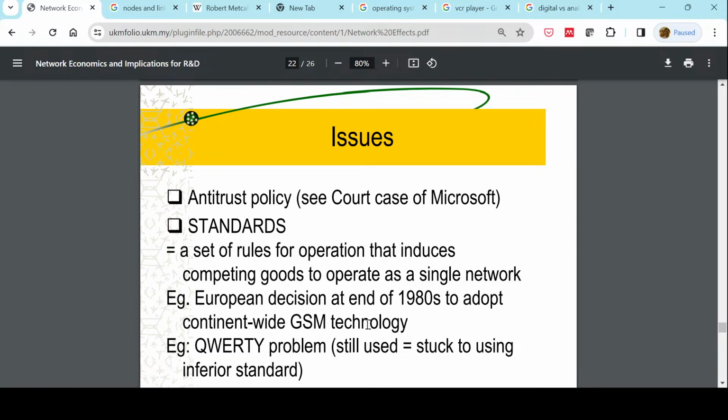Second issue, standards. Just now, the rail: wider in Malaysia, narrower in Thailand. Standards. VHS, Betamax. Blu-ray, HD DVD.